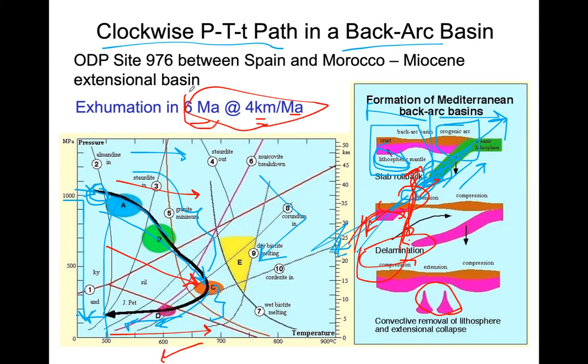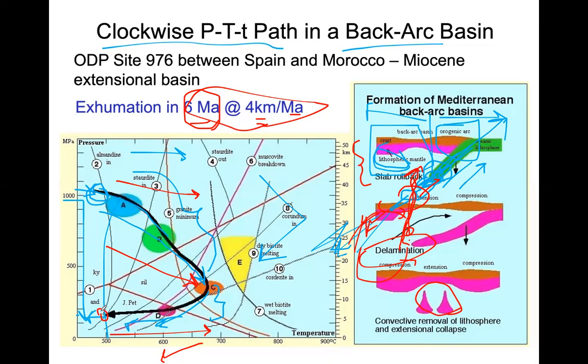So within 6 million years, that means around 24 kilometers must have been removed, right? So that means the depth is like 24 kilometers for this rock when it comes to the final stage. So these types of quantitative estimations are also possible as long as you have thermobarometry and geochronology.